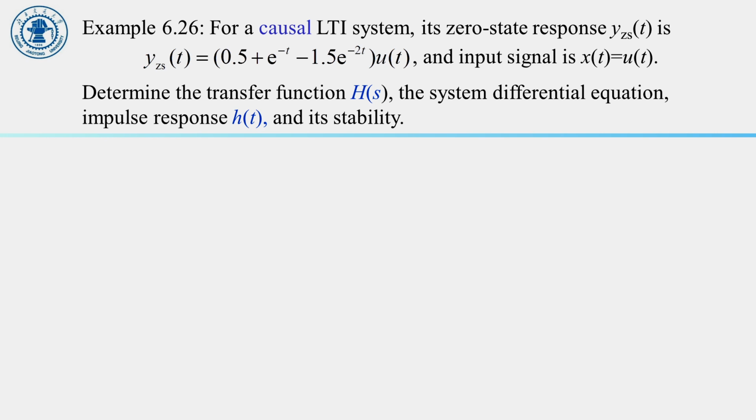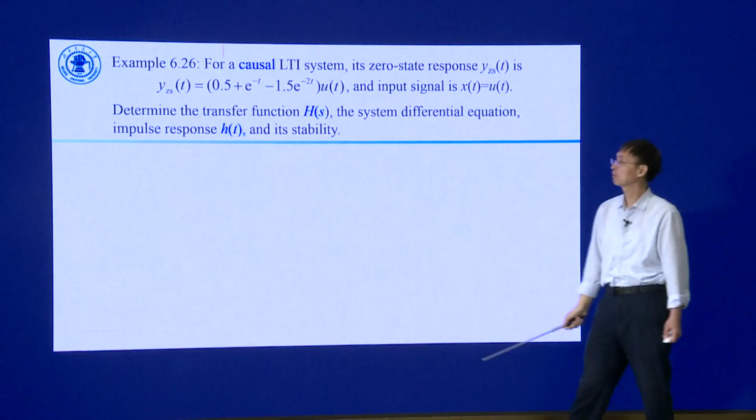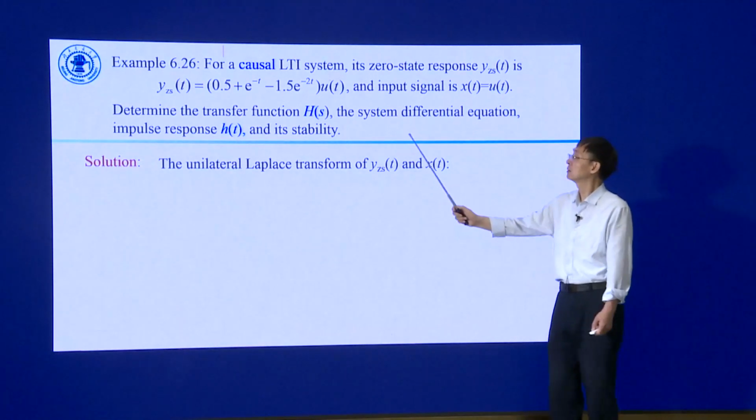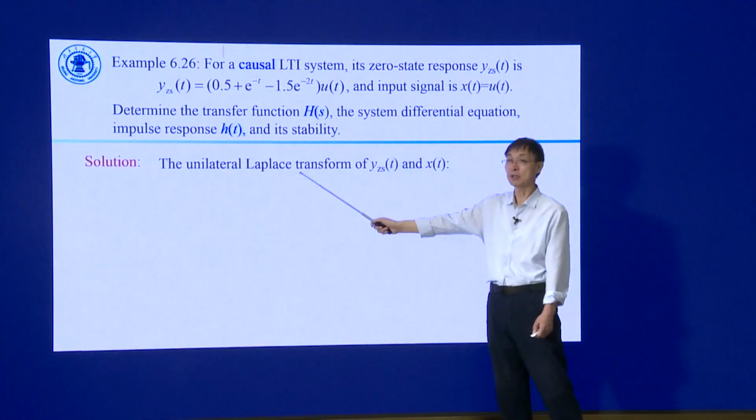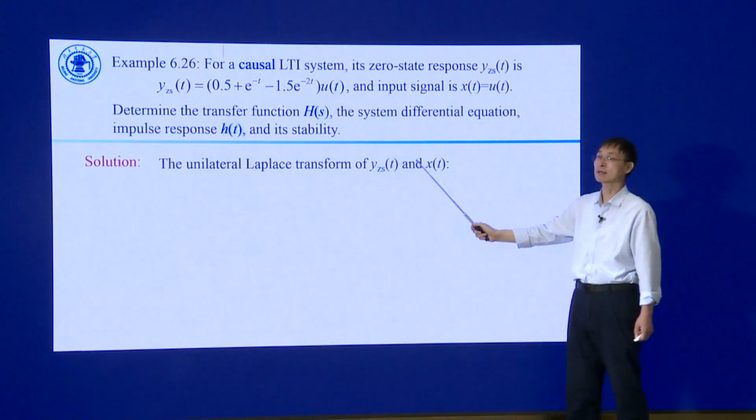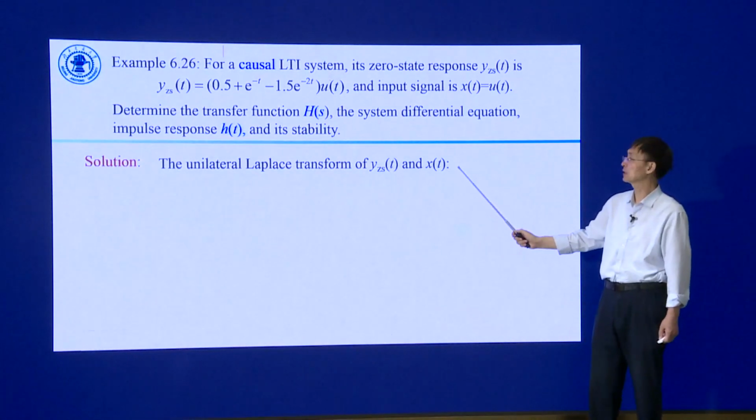Here is another example. For this causal LTI system, determine the transfer function, system differential equation, impulse response, and its stability. We can get the unilateral Laplace transform for this zero-state signal and input signal.